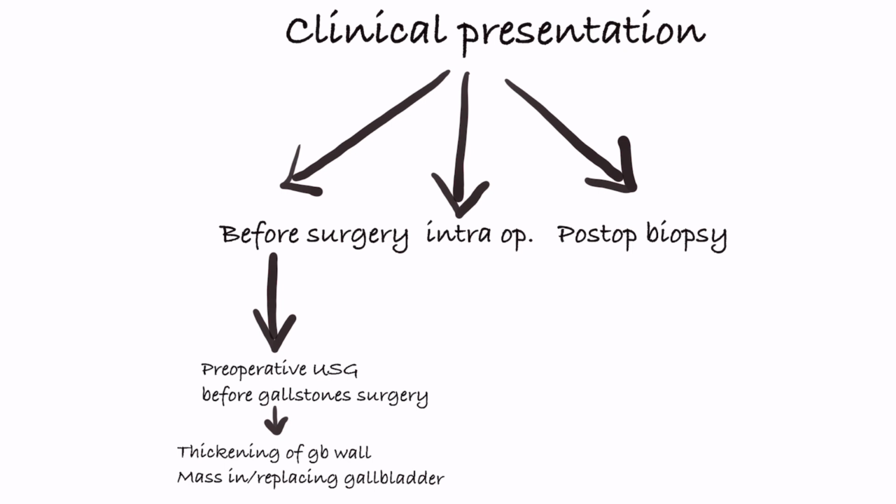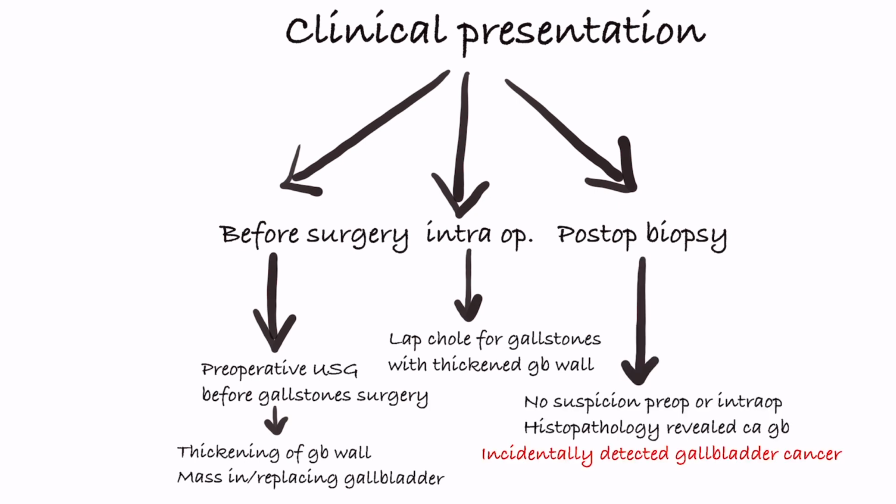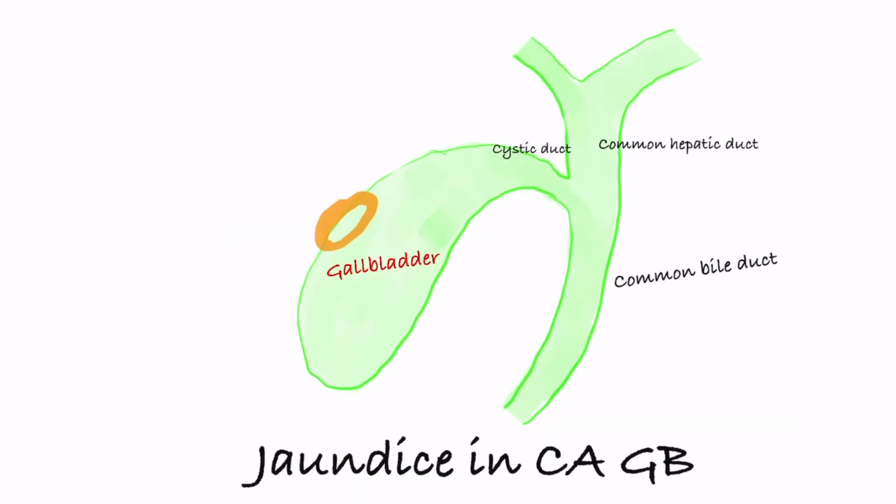Some patients undergo laparoscopic cholecystectomy for cholecystitis, with thickening of the gallbladder wall attributed to inflammation. On intra-op, there may be mets or a hard mass in the GB. Few patients have no suspicion on pre-op USG or intra-op, but post-op biopsy of the gallbladder comes positive for malignancy. These are called incidentally detected gallbladder cancer.